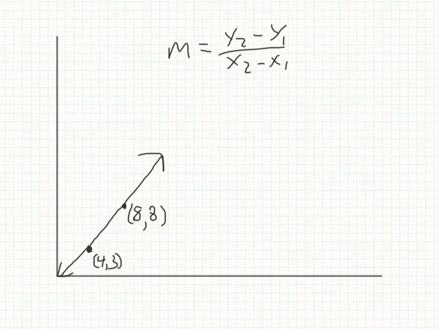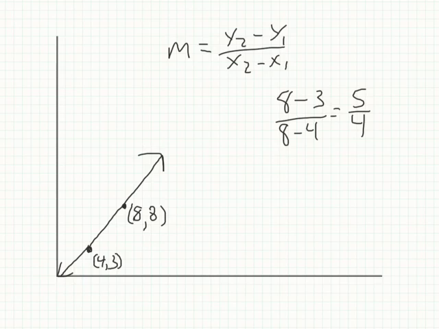So let's do that. If we were to do that, we would have 8 minus 3 over 8 minus 4. And when we complete that, our slope would be 5 over 4. So we found our slope, which is the first thing we needed to do. The next thing we need to do is take one of our points and use those coordinates in our equation.